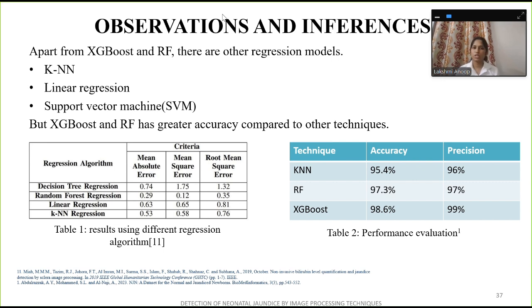But the XGBoost algorithm outperformed all other algorithms, that includes RF, that is random forest, KNN, and also support vector machine. From the table, it can be observed that XGBoost has shown greater accuracy than the KNN classifier and random forest, with a percentage of 98.6%, and it has a precision of 99%. So the XGBoost algorithm outperforms the other algorithms.